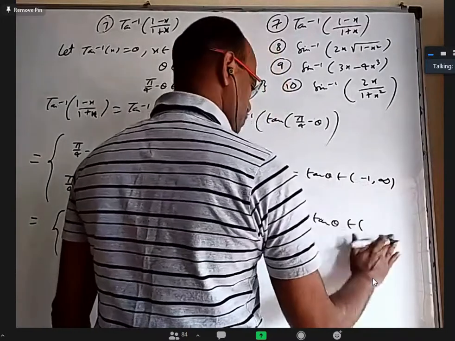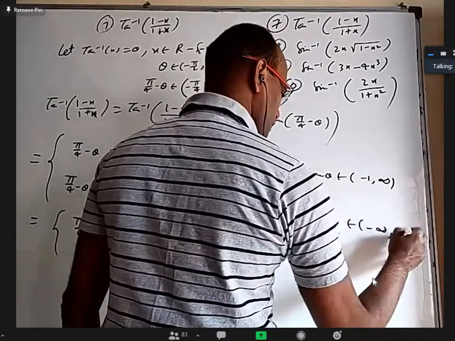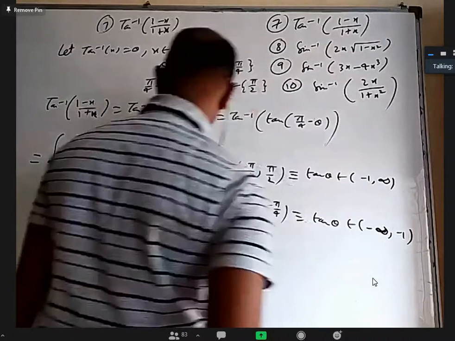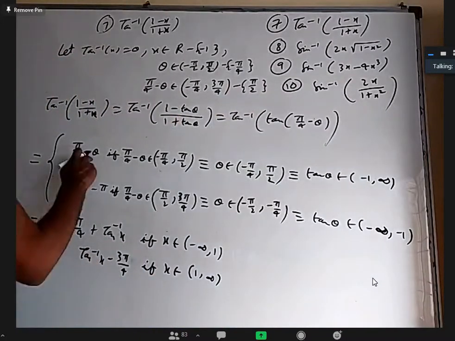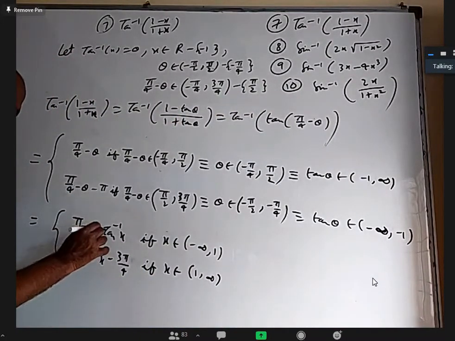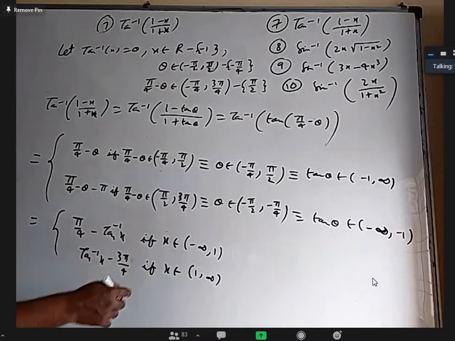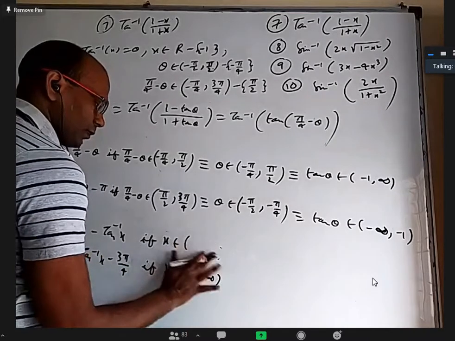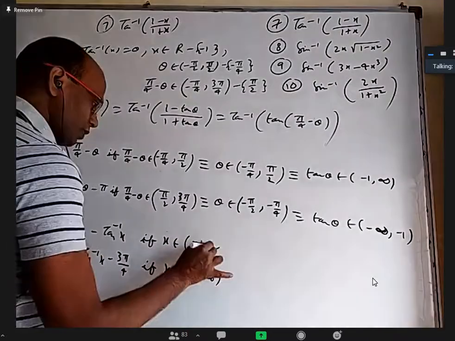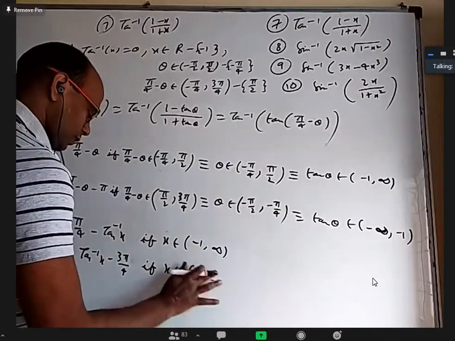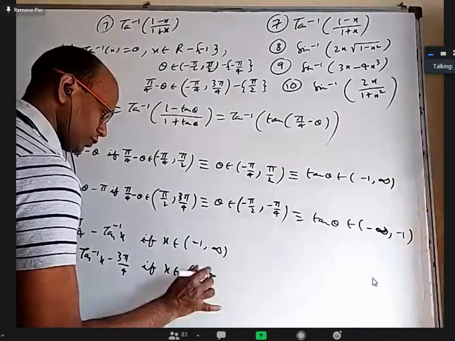And here values are minus infinity to minus 1. So pi by 4 minus tan inverse x. Here tan inverse x minus 3 by 4. This is minus 1 to infinity. This is minus infinity to minus 1.